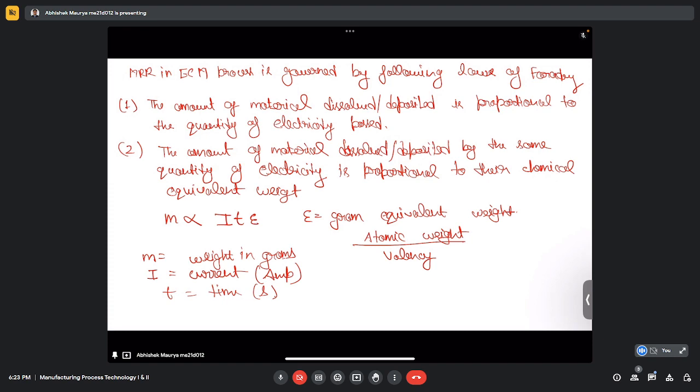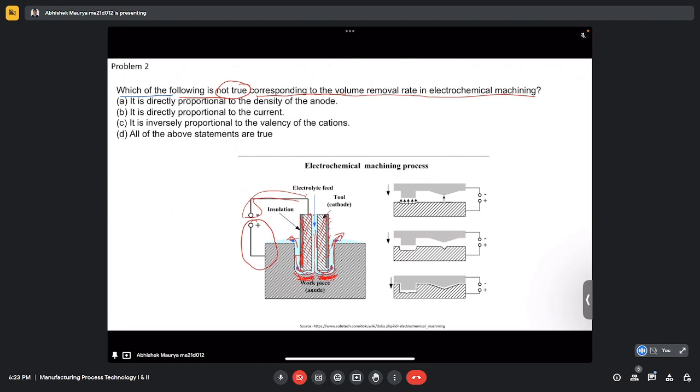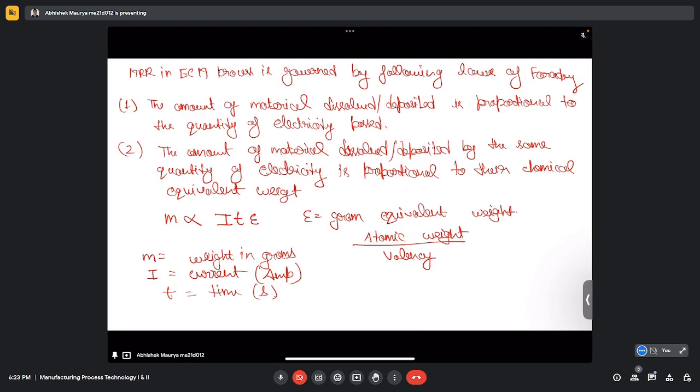the first option is it is directly proportional to the density of the anode. We have seen that there are only two things on which material removal rate depends. First is how much electricity we are passing and for how much time, and another is the gram equivalent weight of the material or the workpiece.